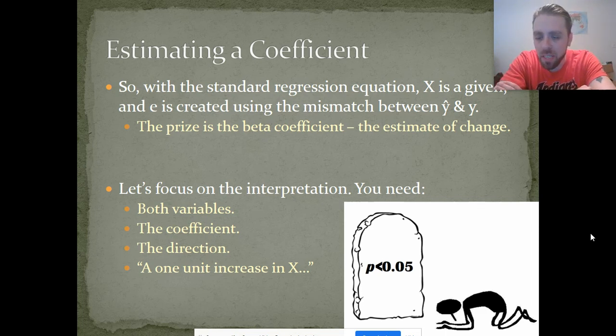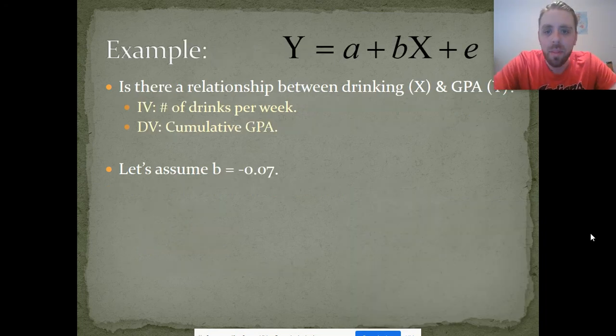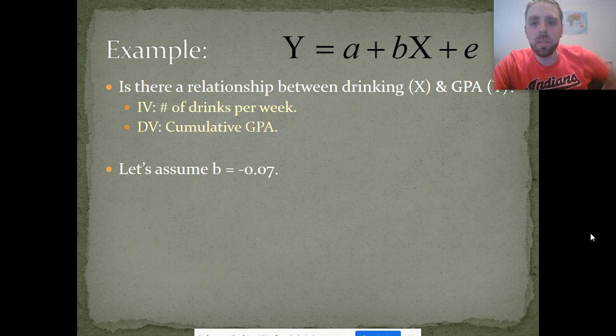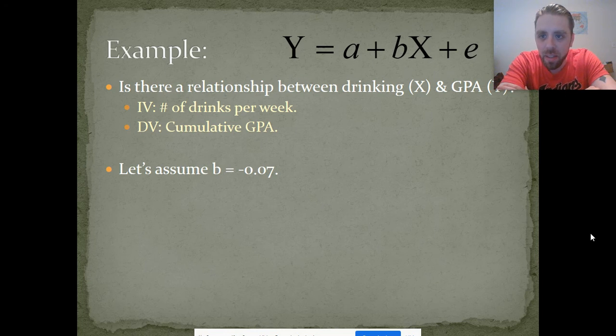Now, again, if this all seems really theoretical, if we examine an example, I'm very hopeful that this will start to really crystallize for you guys. So, is there a relationship between alcohol consumption and GPA? All right, which one of those affects which?